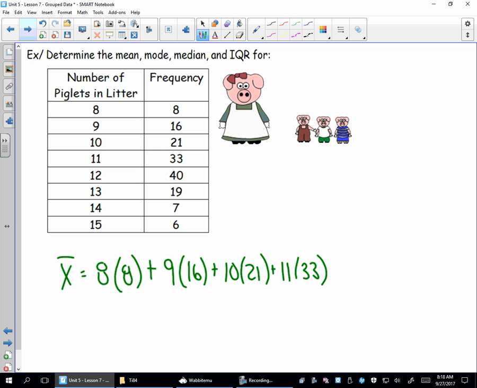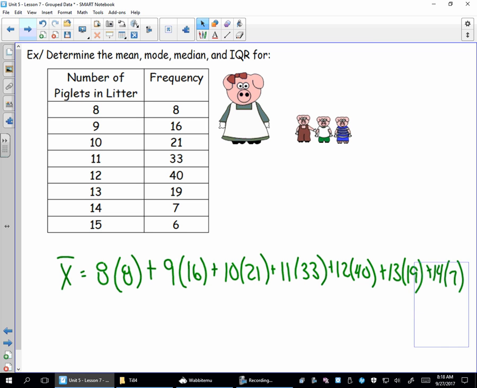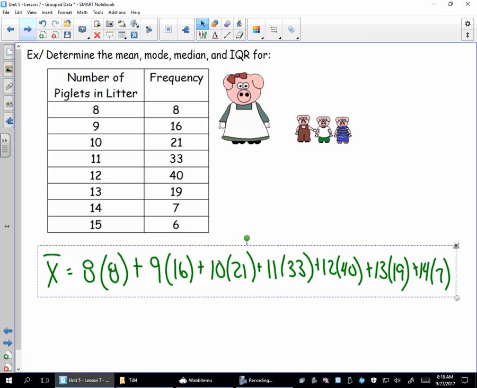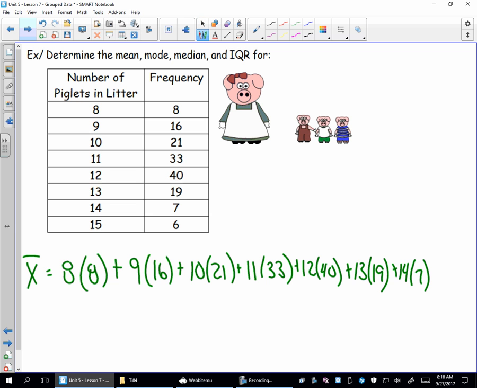So we're going to multiply basically the same way we did weighted mean. There's 40 of those, and there's 13 and 19 of those, and 14, and that happens 7 times. Just going to move this over here. And there's 15, and it happened 6 times. And we're going to divide that by the total number of pieces of data. In other words, the cumulative frequency.